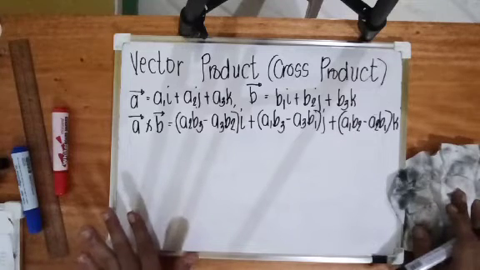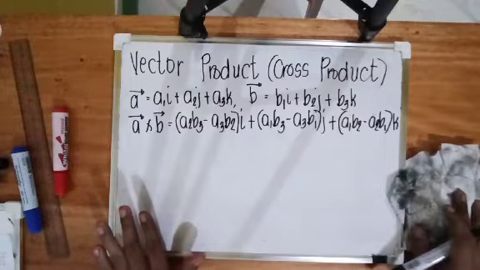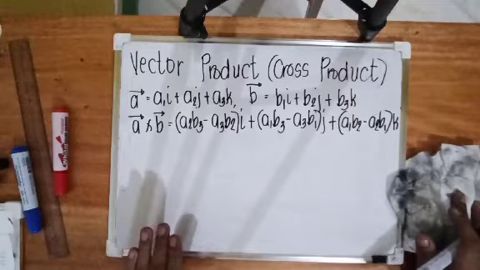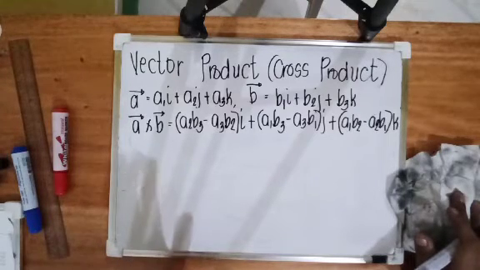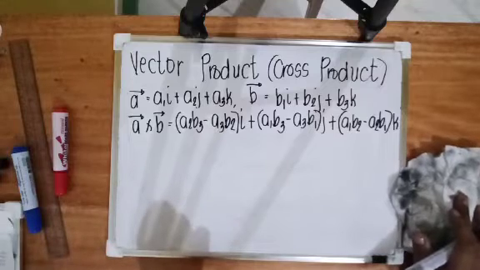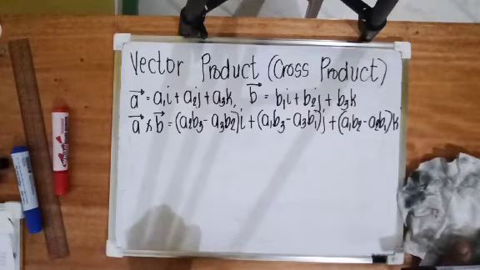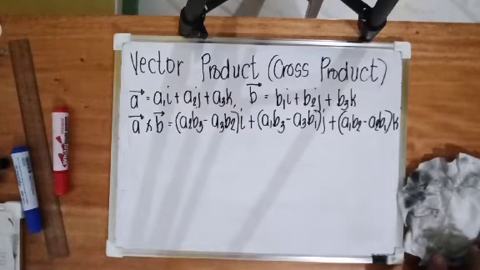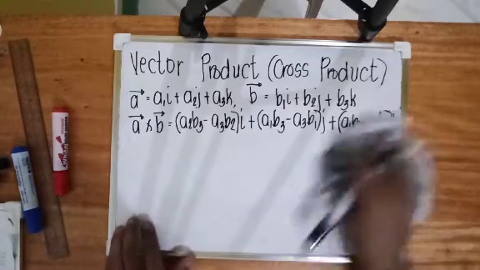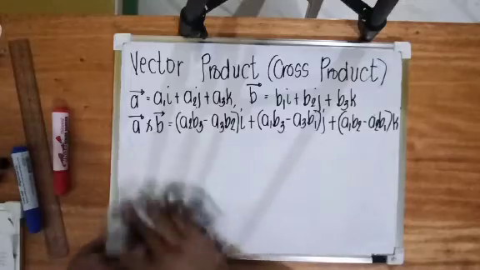So the vector product of our two vectors is in the form of xi plus yj plus zk.